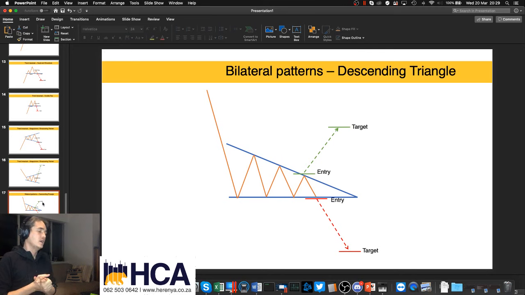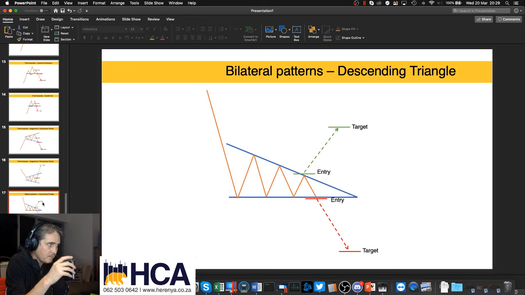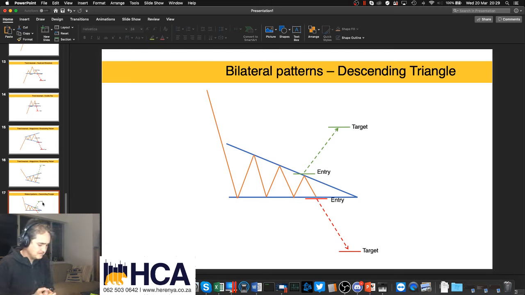Now, this is where I have a bit of a disagreement with the stuff that I learned right in the beginning. I always believed that these rising or these flat top and flat bottom triangles were trend continuation signals. But they're not, apparently.